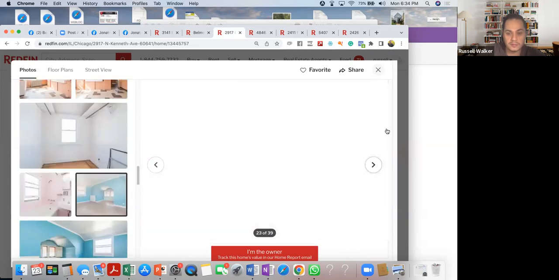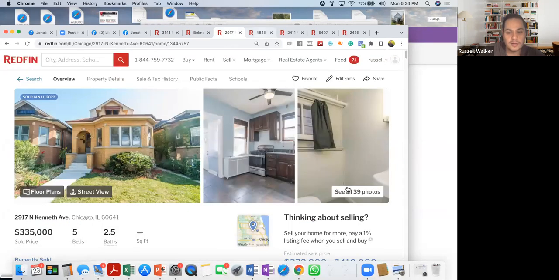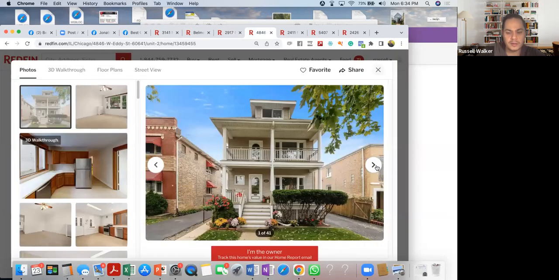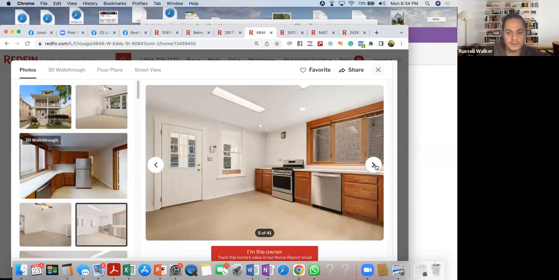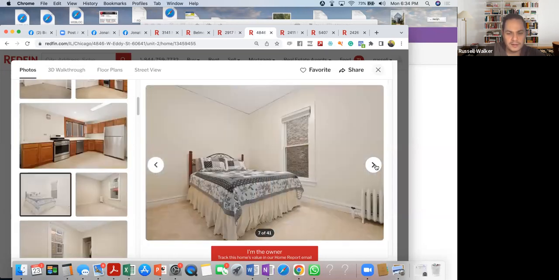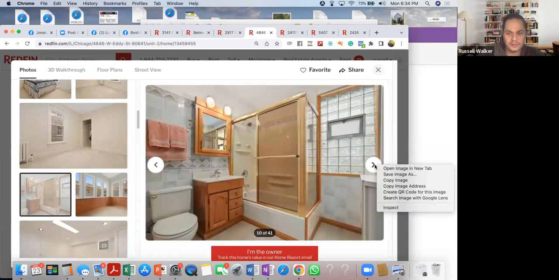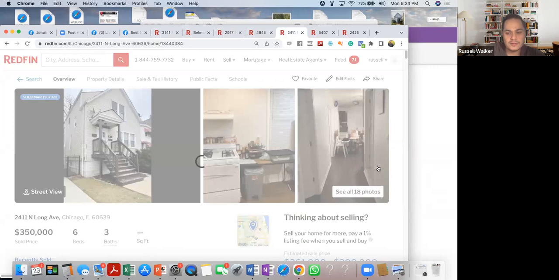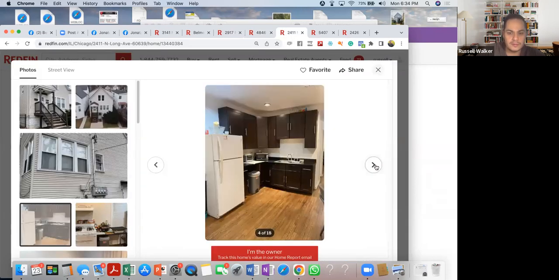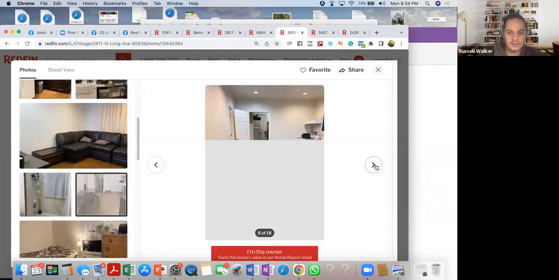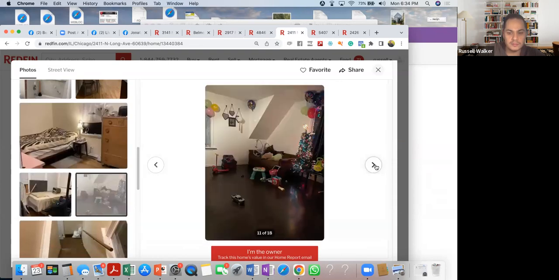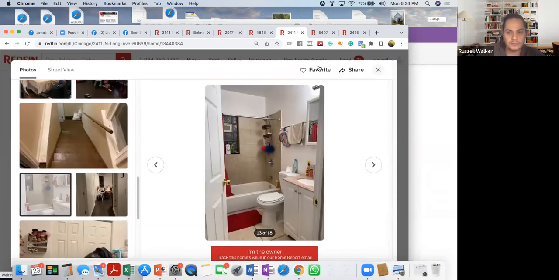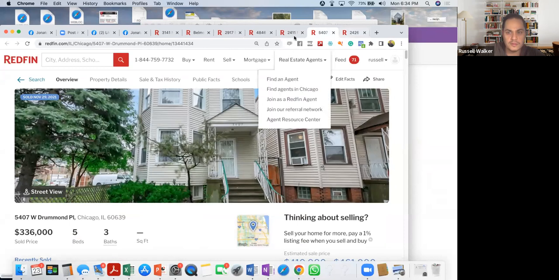But if we look at all the comps here, we're probably going to see almost the same thing. It's not a full gut rehab. They look just like they're rent ready, good shape. So my property is basically the same condition as these comps. These are not brand new rehabs, of course, you can tell by the pictures.